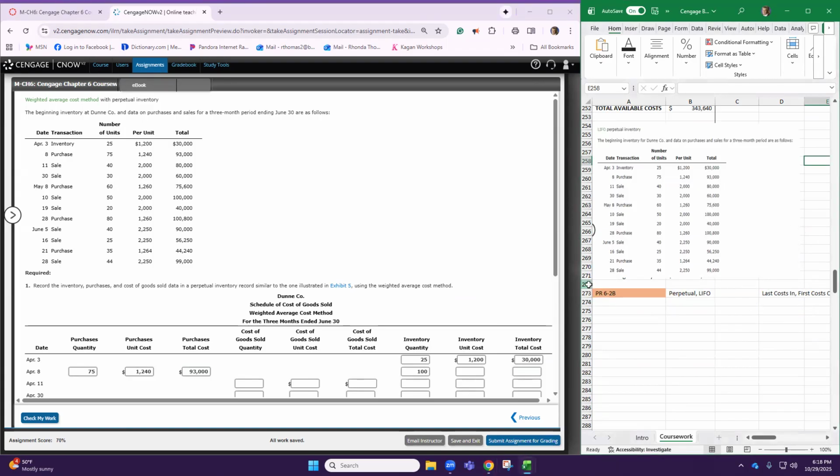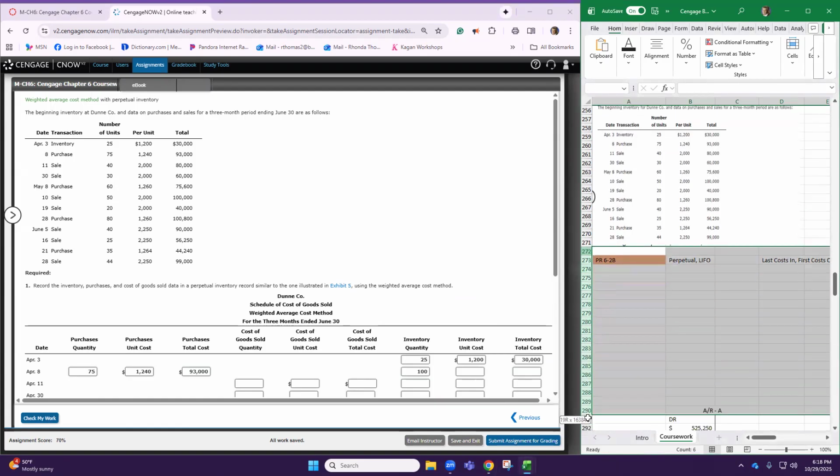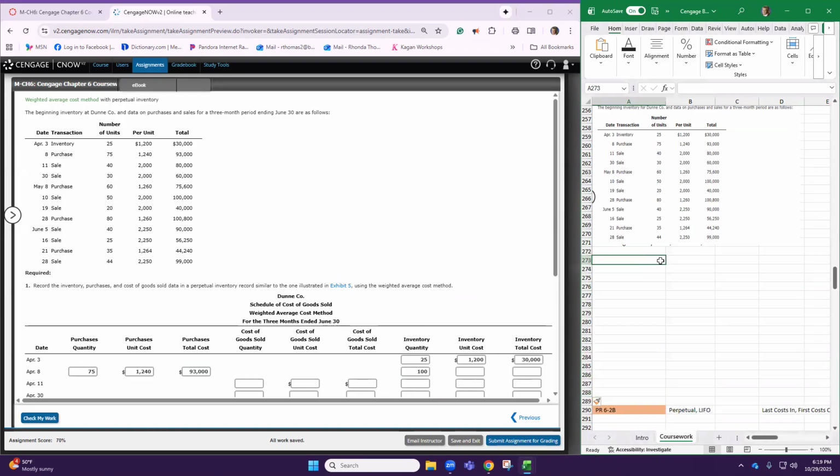Let me give myself some space here. Let me insert here. Okay, so here comes some averages. I've got to add things together. So we've got 100 units to use, and then we've got totals here.